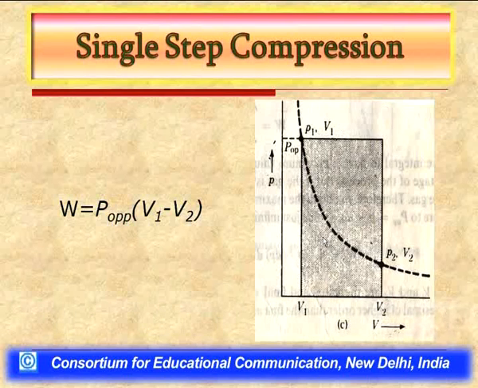So, this whole shaded area represents the compression work, or the work which was destroyed in the single step compression process. Now, you can understand, if we compare the shaded area of the single step expansion process with that of the single step compression process, the shaded area is much more than that involved in the expansion process.